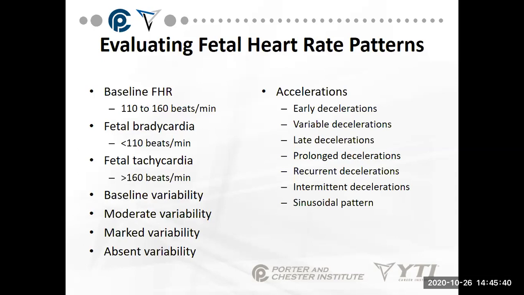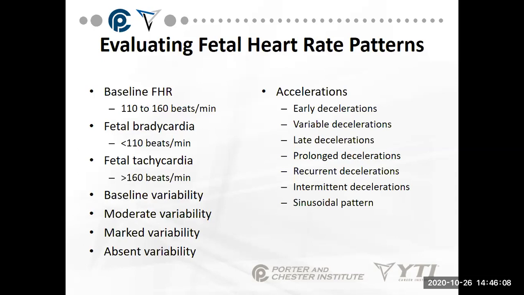In your book on page 140, when you're evaluating the fetal heart rate patterns, we are looking at any type of periodic changes. Periodic changes are transient and brief changes of the fetal heart rate that are associated with uterine contractions, such as accelerations and also decelerations. So accelerations going up, decelerations going down.